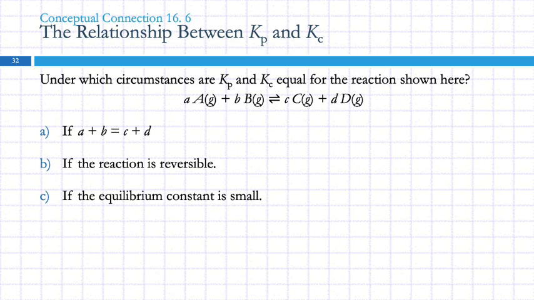It's so awesome. If it's different, they do not cancel out, and then we have to keep them in there. So the answer here is if A plus B equals C plus D: total moles of reactants in the gas form, total moles of products in the gas form. Any questions?